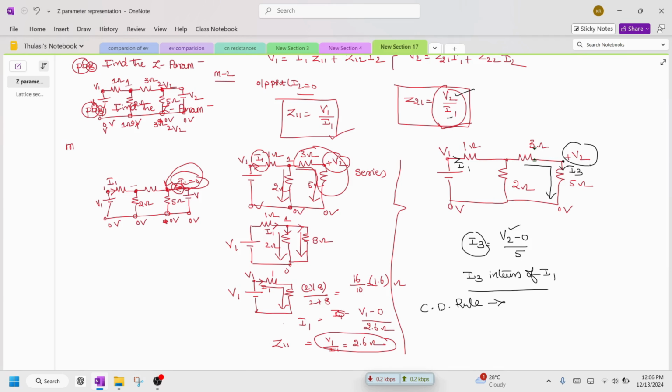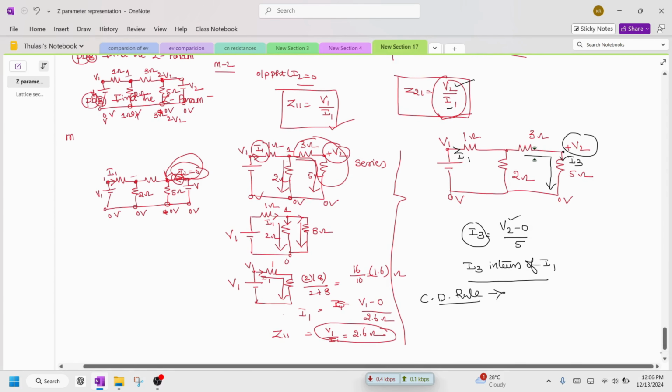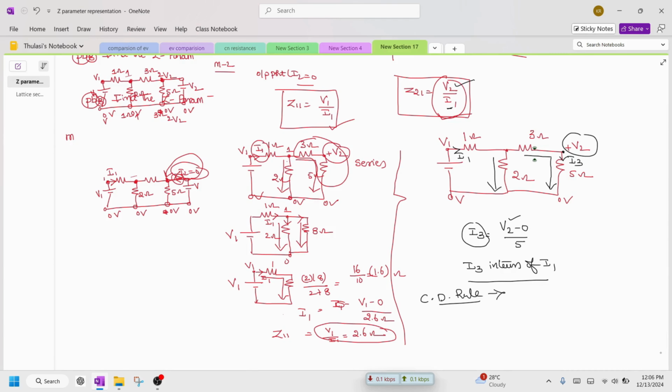If you are new to this class, go and visit my previous basic class on how to apply the current division rule. I can apply it only when the two branches are in parallel. This branch and this branch are connected in parallel, so we can apply the current division rule.